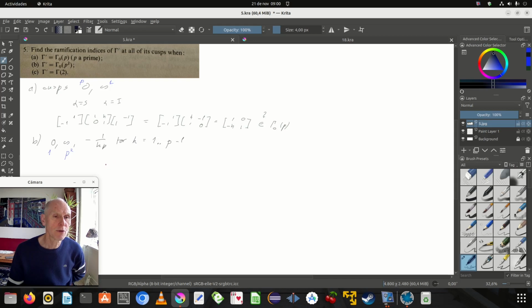Alpha to the minus first should map them to infinity, and that means if we multiply them by kp, we get minus 1, so adding 1 should put it to infinity. And then we need to complete it to a matrix of determinant 1.